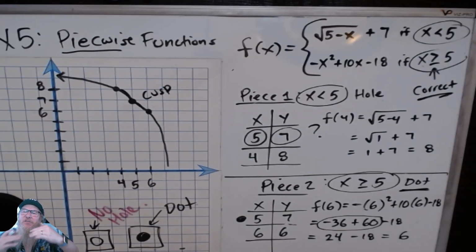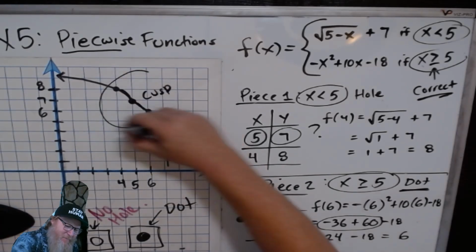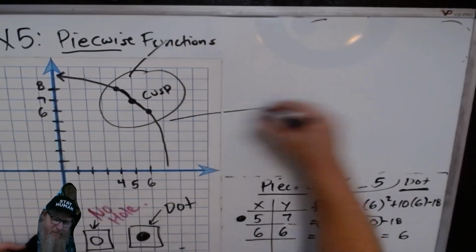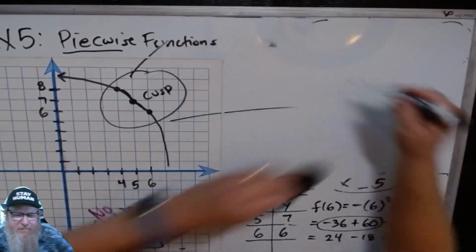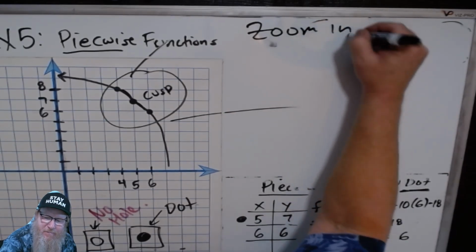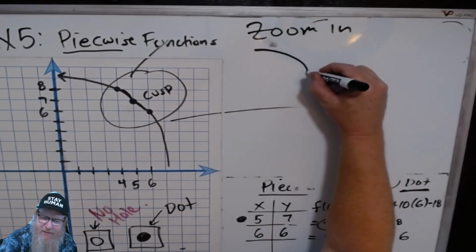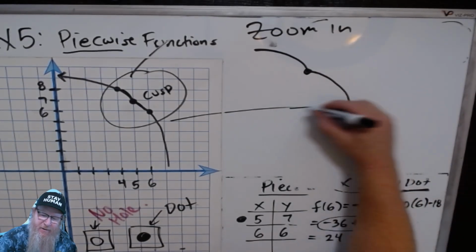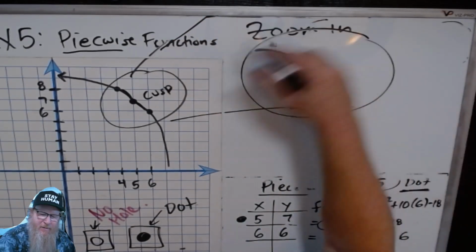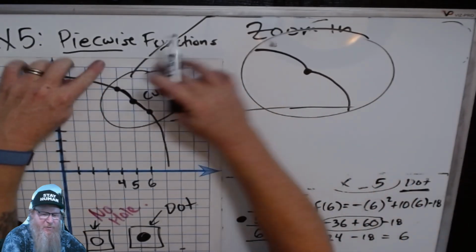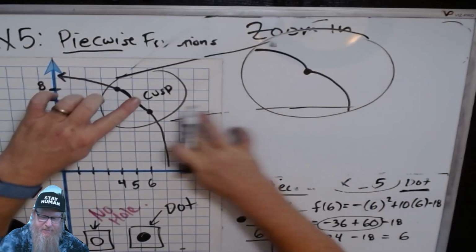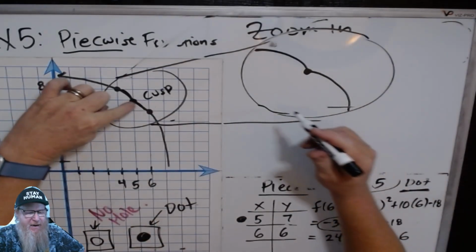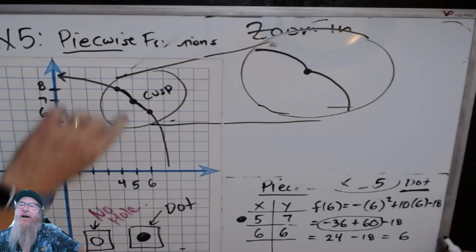If you zoomed in on it, it would go like this and then like this. This point right here. If you magnified this point right there, it would be a cusp.